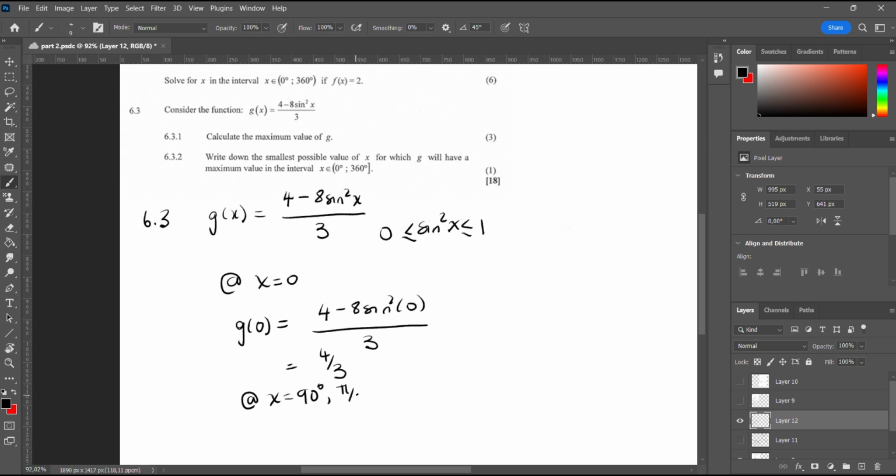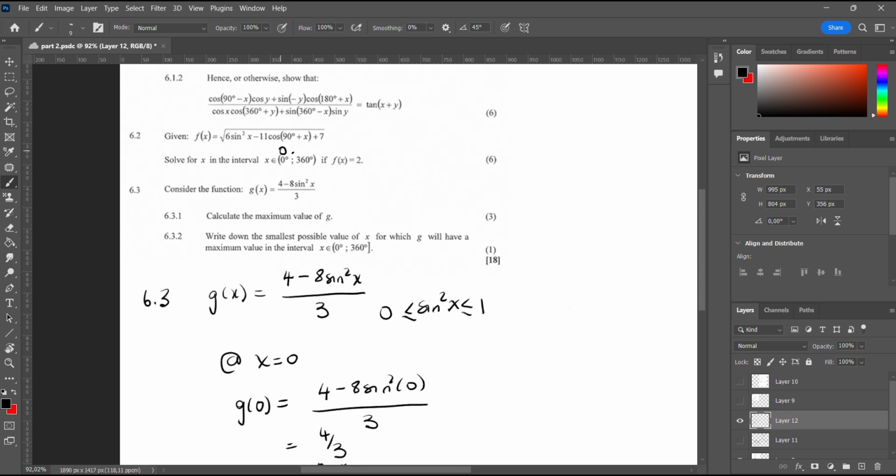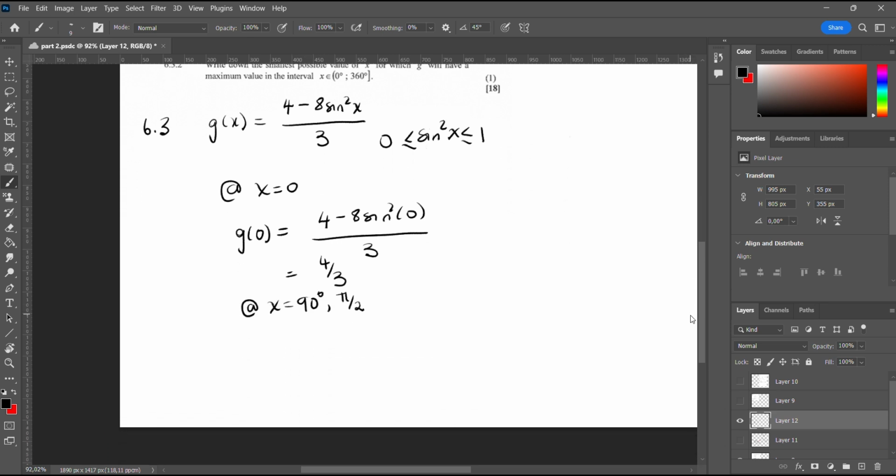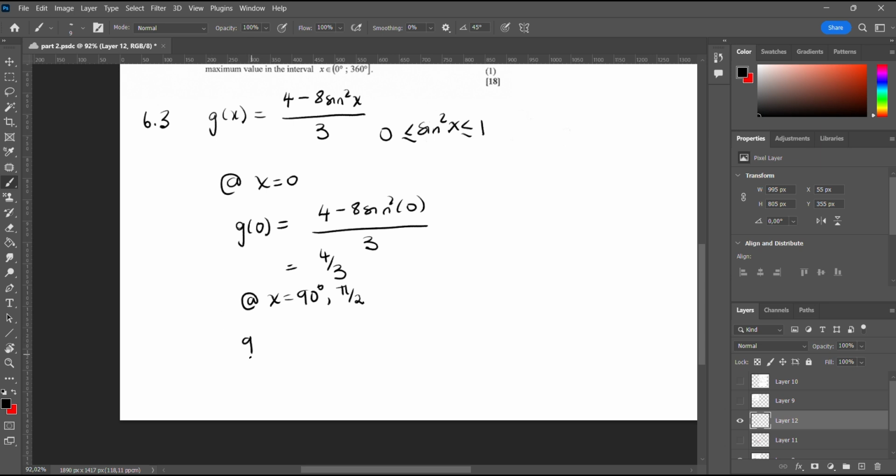So 90 degrees in radians is half pi, and the interval is 0 to pi for proofs. So g(90 degrees) equals 4 minus 8 sine squared of 90 degrees, all over 3, right? This is 1, so minus 4 over 3.